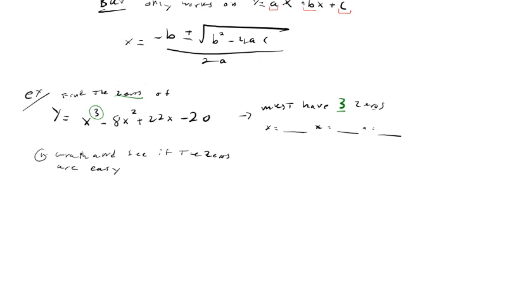Let's go back to our notes. So we graphed it, and from the graph I know x equals 2 is one of my zeros.